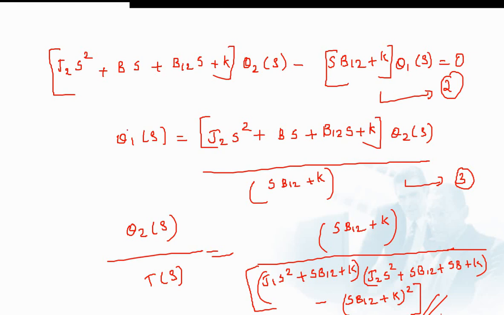So, also you can do this problem by applying Cramer's rule. That means you only have to write the matrix equation and directly apply the Cramer's rule in order to find theta 1 of s and theta 2 of s. Then you will be easily able to write the transfer function.